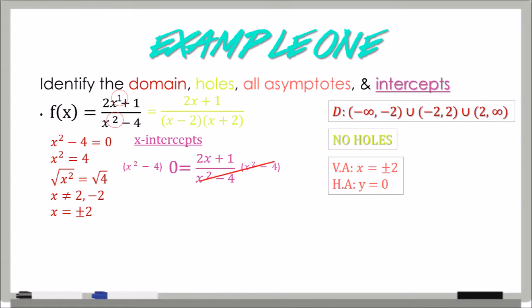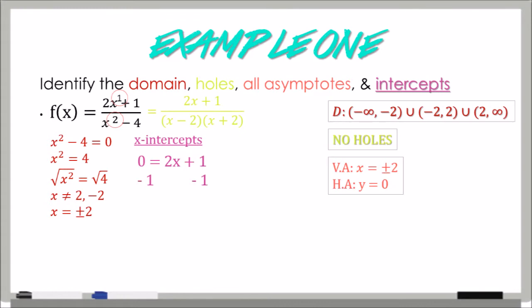There, x squared minus 4 cancels out. And notice what happens since we're plugging in 0 for y. When we multiply x squared minus 4 by 0, we get 0, and end up with 0 equals the numerator, 2x plus 1. Now we solve this equation for x.